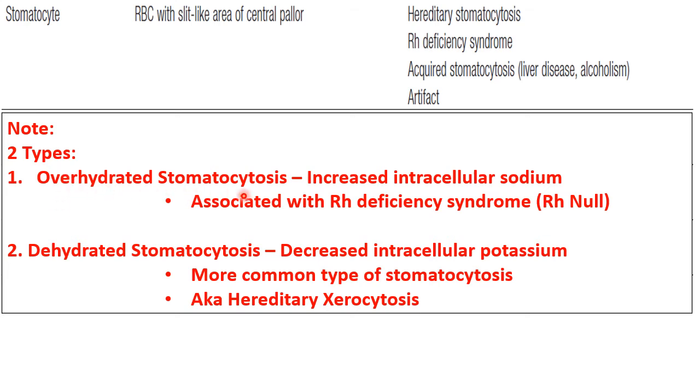And this is also associated with Rh deficiency syndrome or tinatawag natin Rh null. Okay? Next naman, dehydrated stomatocytosis, decrease intracellular potassium. Okay, lumalabas lahat ng potassium out of the RBC. And this is the most common type and it has another name, no? Hereditary xerocytosis. Xero means dry, no? Dry for dehydrated. Okay?